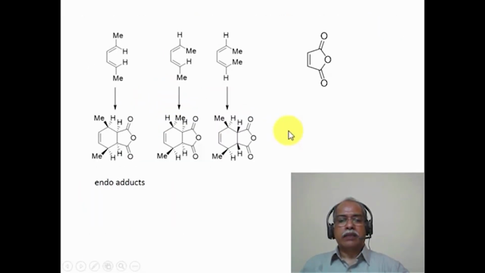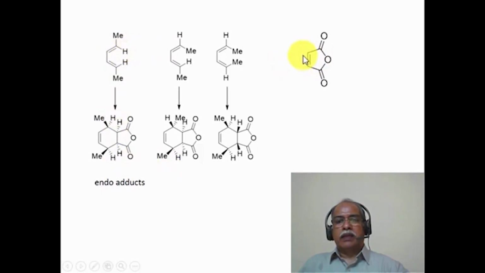Now in order to ascertain the stereochemistry of the endo adduct, one has to carefully consider the relative orientation of the maleic anhydride, these two hydrogens to be cis. So those two hydrogens are cis in all the adducts. Only the relative stereochemistry of the endo comes from the fact that the endo addition product would involve this hydrogen pointing out and this hydrogen also pointing out in the endo stereochemistry.